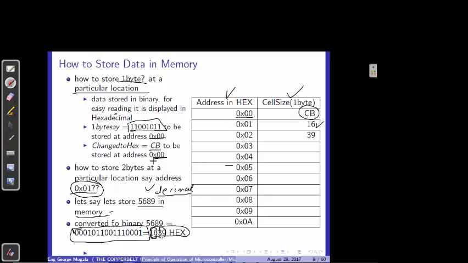We are supposed to store this number at this location, but this cell is not big enough to store a 16-bit number, so the memory stores the numbers in consecutive locations. The first location is this location, and the consecutive location is that location.